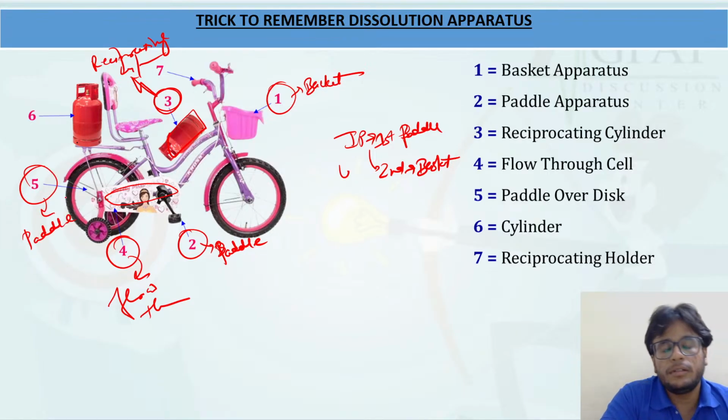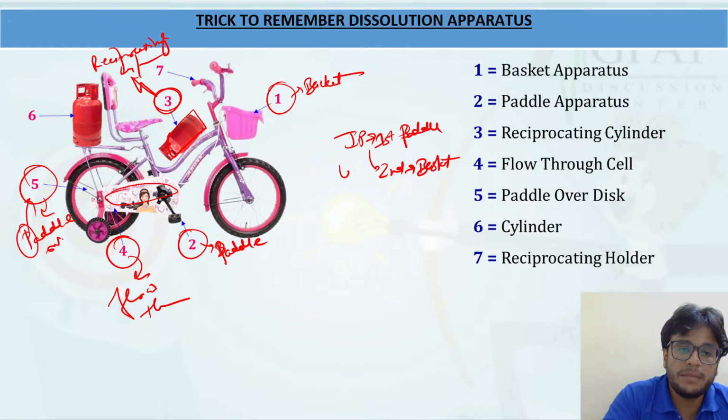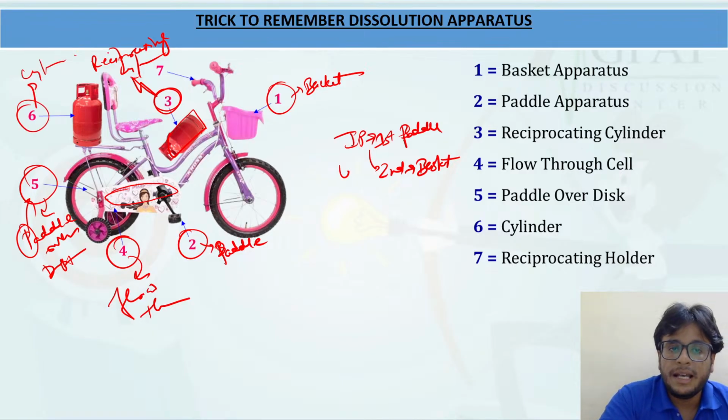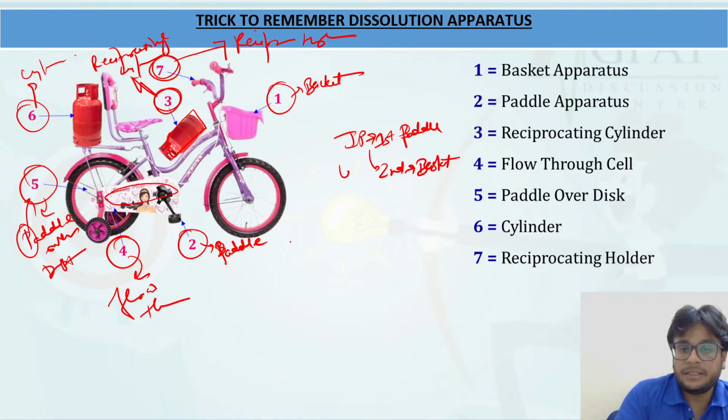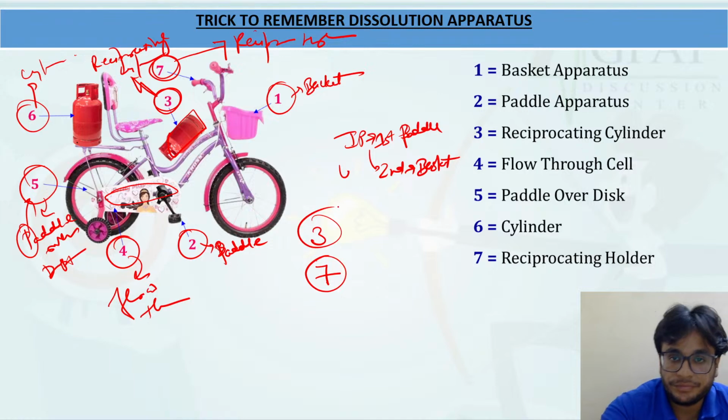We can remember it with 5 being called 'paanch' in Hindi, and P stands for 'paanch'. So paddle over disc is the fifth equipment. Then the sixth is the cylinder itself again, and the seventh is the reciprocating holder. So the reciprocating cylinder is the third one, and the reciprocating holder is the seventh one. Both are odd.